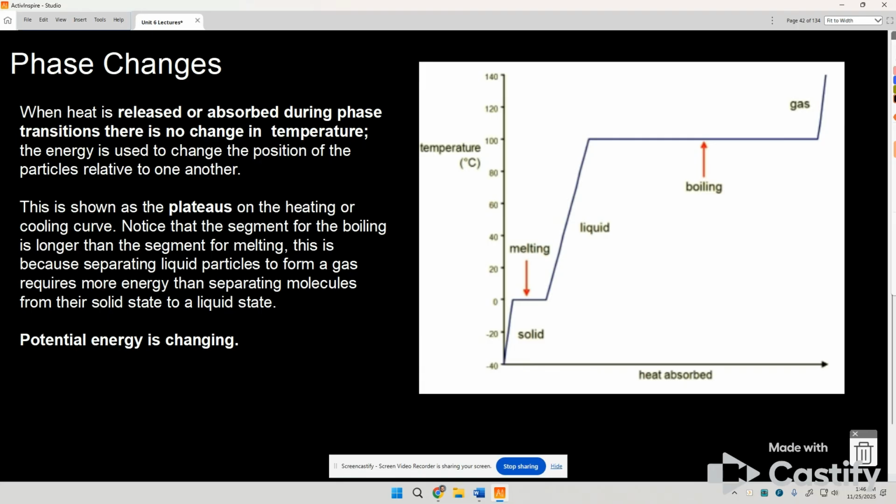We've talked about this with intermolecular forces way back in Unit 3, right? Getting it from vibrating as a solid to flowing past each other as a liquid doesn't take that much energy because they're still relatively close together. When we turn into a gas, we completely separate those intermolecular forces. It takes a lot more kinetic energy to make that happen, and so we have a longer stretch of boiling that occurs because of that.